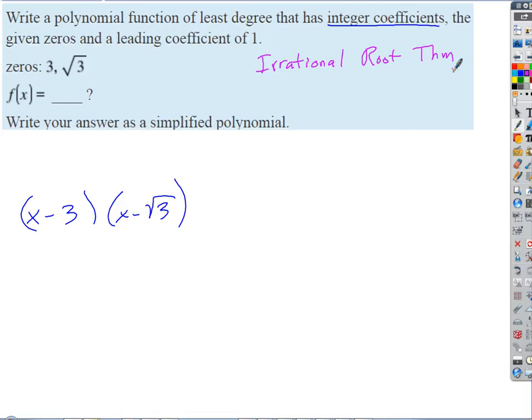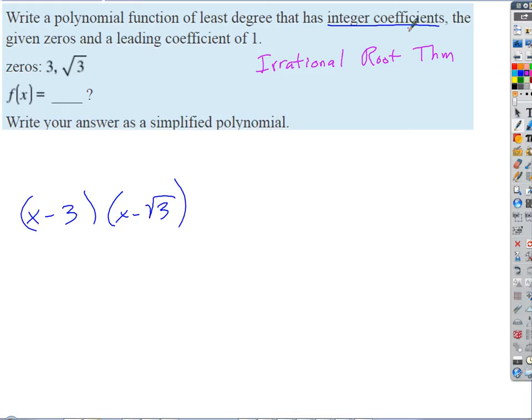So if I want to have a nice polynomial that has rational coefficients, which this one would have to do, right? If we wanted to have integer coefficients, then integers are rational numbers. They just have a 1 on the bottom, right?